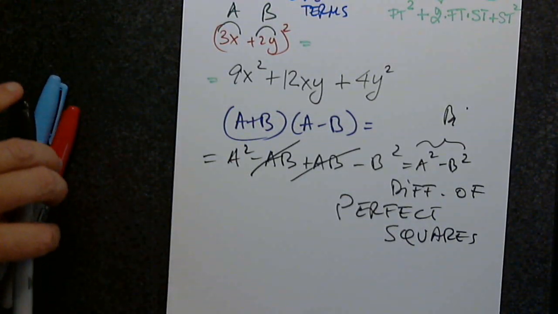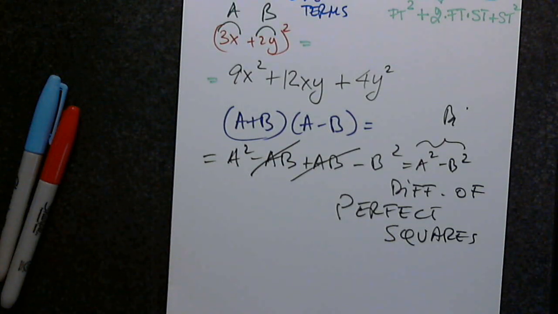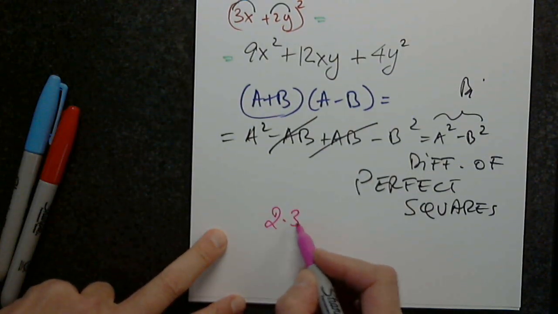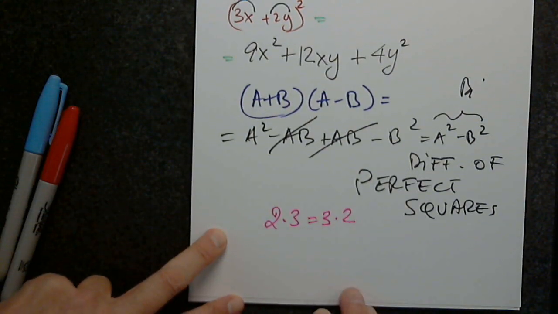Questions for me, please. Yes, please, Alex. I wrote the right answer, but I had a squared minus ab plus ba. Yes, because ab is the same as ba. No, it's not wrong, you just didn't finish. So 2 times 3, you understand, is 3 times 2, correct?